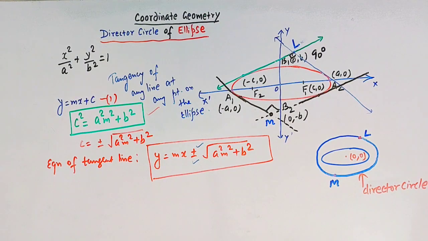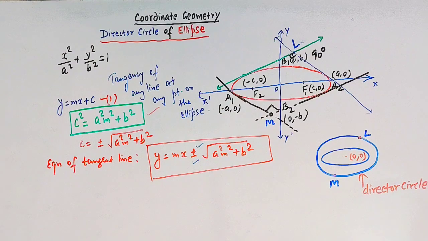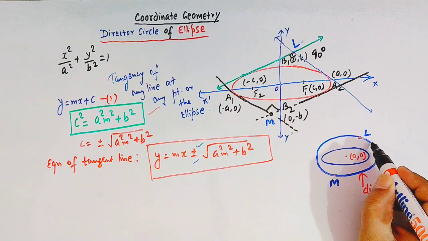So let us revise the definition of the director circle of an ellipse. The director circle of an ellipse is defined as the locus of the point of intersection of the tangents to this ellipse which are perpendicular to each other, right? Now let us derive the equation of the director circle.